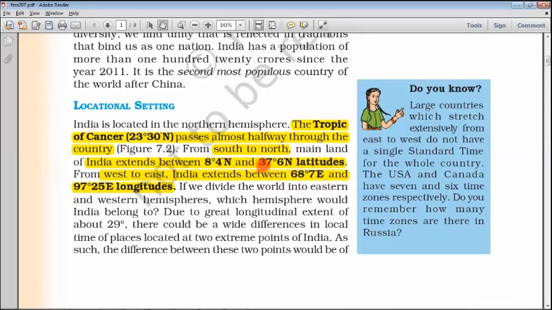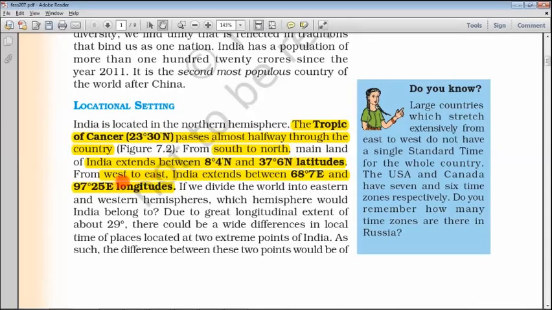This 8 degrees 4 minutes north is the southernmost point in India, in the Andaman and Nicobar Islands. There is a point called Indira Point, which was the southernmost point, but it got submerged into the sea during the tsunami of 2004. The 37 degrees 6 minutes, the northernmost point, is in Jammu and Kashmir.